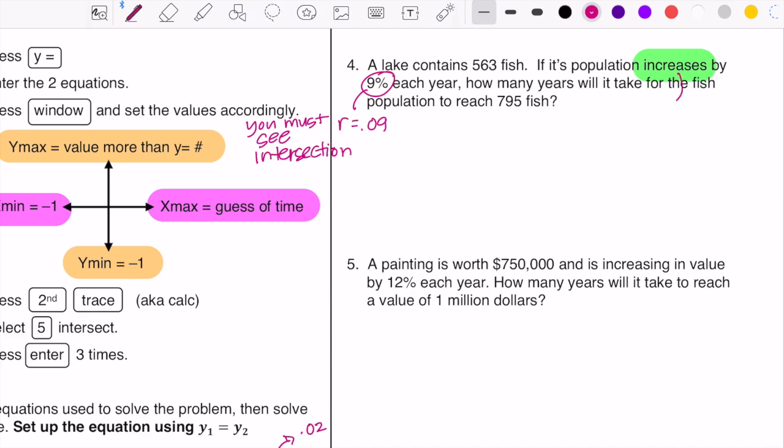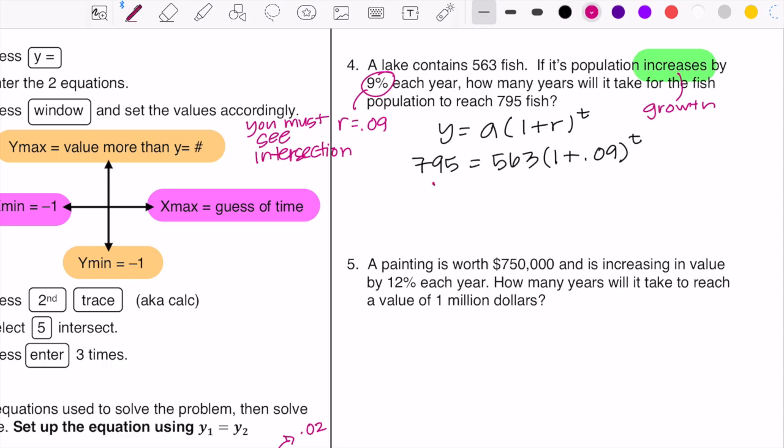So this is going to be growth. So we're going to start with y equals a times 1 plus r to the t. And we're trying to get to 795 fish. We started with 563. Our rate is 0.09. And then it's to the t.